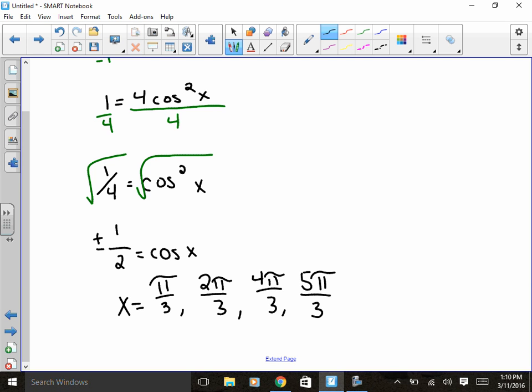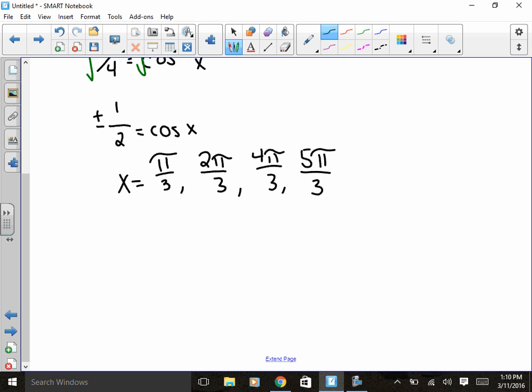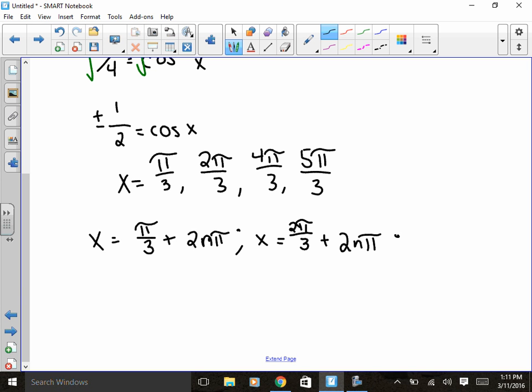But again, you need to consider if you go a full rotation of 2 pi. So technically all of these are x equals pi over 3 plus 2n pi, or x equals 2 pi over 3 plus 2n pi, or x equals 4 pi over 3 plus 2n pi, or last but not least, x equals 5 pi over 3 plus 2n pi.